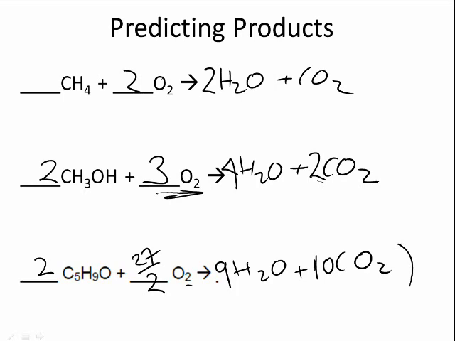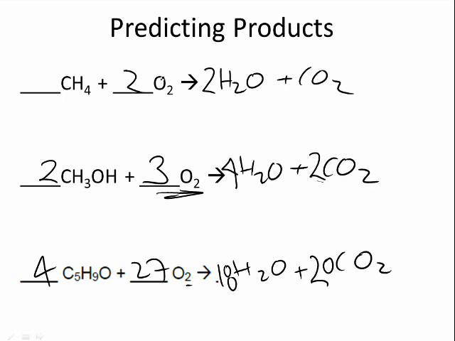We're going to have a bear of a balance here. So 2 times 2 is 4. 2 times 27 over 2 is just 27. 2 times 9 is 18. And 2 times 10 is 20.